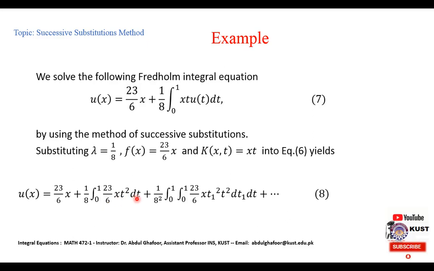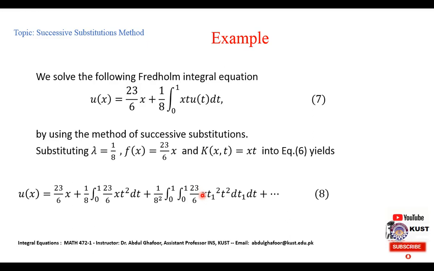Plus the third term was lambda square integral from a to b integral from a to b k of xt k of tt1 f of t1 dt1 dt. This was the third term of equation 6. Now lambda is equal to 1 by 8, so lambda square will be 1 by 8 square, integral from 0 to 1, integral from 0 to 1.